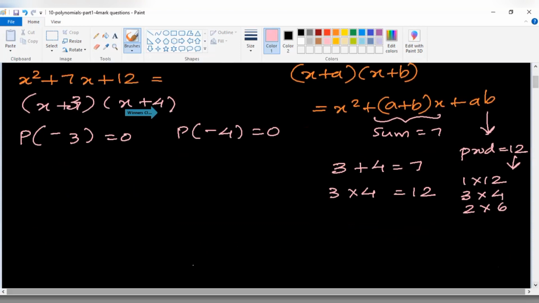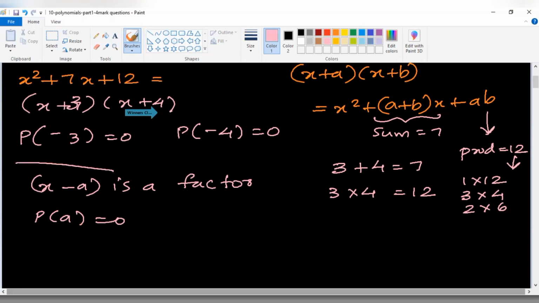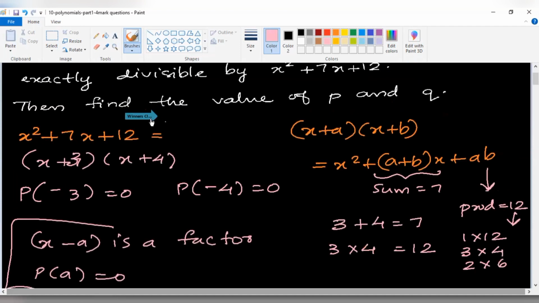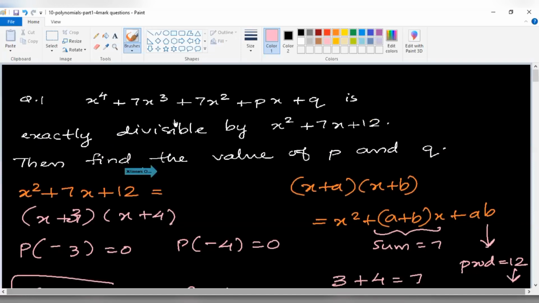If x minus a is a factor, then P of a is equal to 0. So we can apply this factor theorem over here. See, this is the second polynomial. So we can say x plus 3 and x plus 4 are factors of the first polynomial only when P of minus 3 equals 0 and P of minus 4 equals 0.